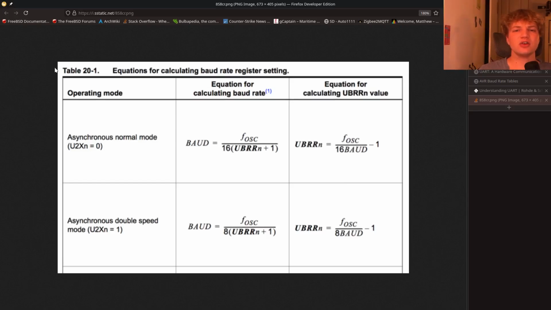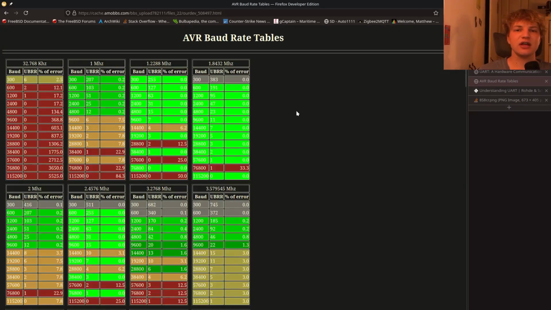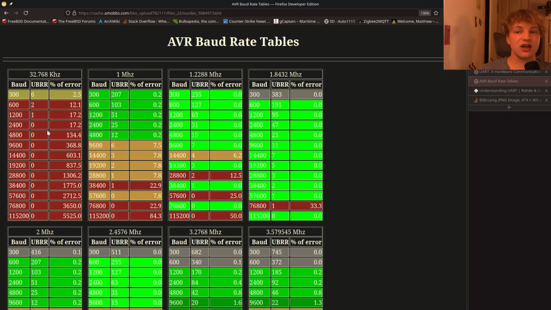Choosing a baud rate is not just random fun and games. And I want to turn your attention to this very illuminating website to illustrate a particular point. So with sending more information faster, you would choose a higher bit rate, which means a higher baud rate. If you have a look at this, you can see this is a table of error rates of different baud rates at different frequencies on an AVR.